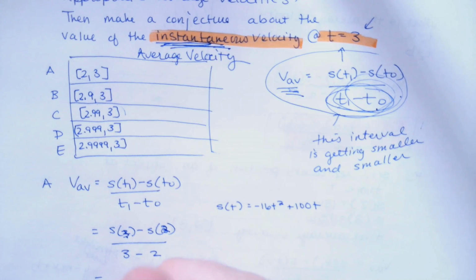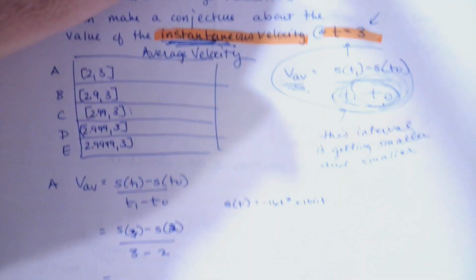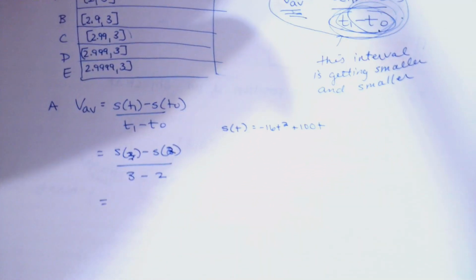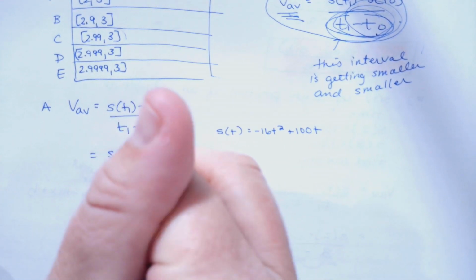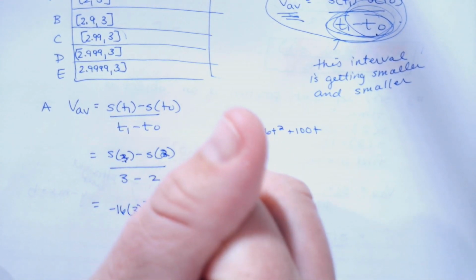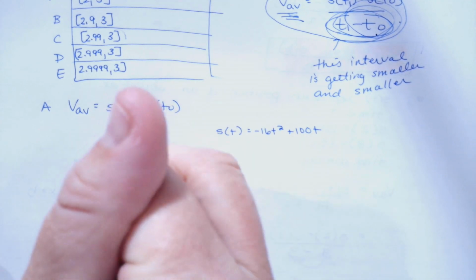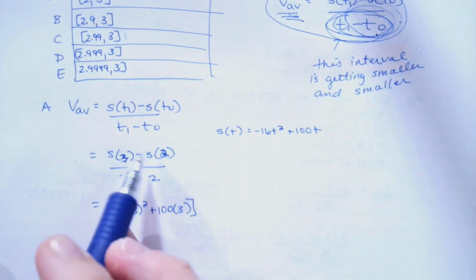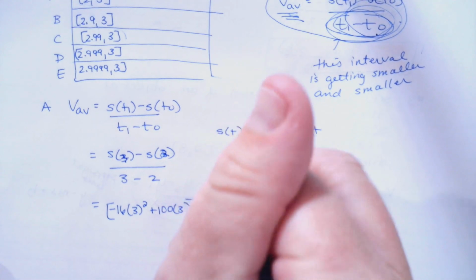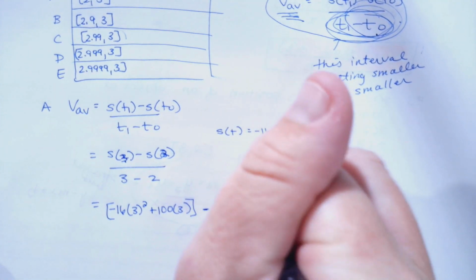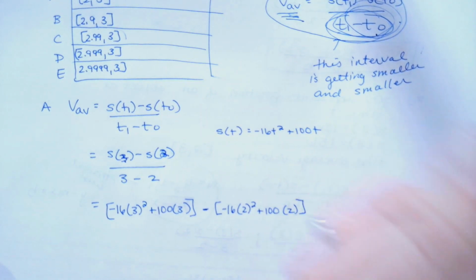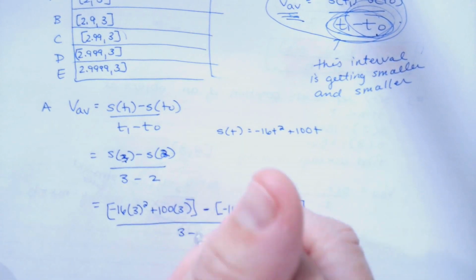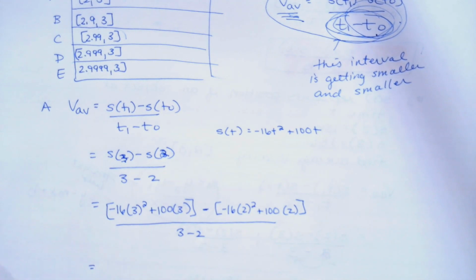And so I'm going to plug these values in there. I get negative 16 times 3 squared plus 100 times 3, that is my S of 3, minus negative 16 times 2 squared plus 100 times 2, all over 3 minus 2. What's that going to be?